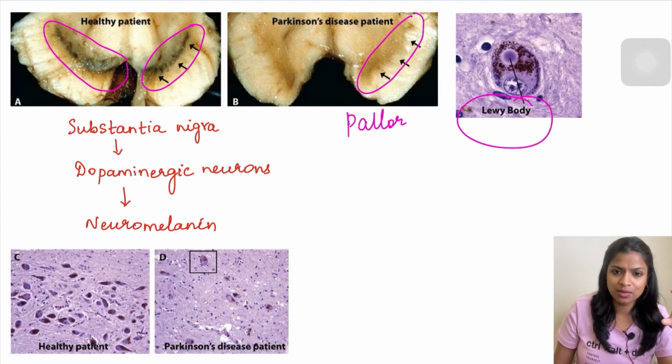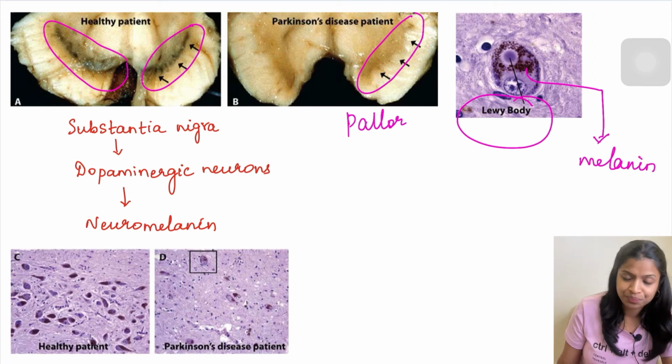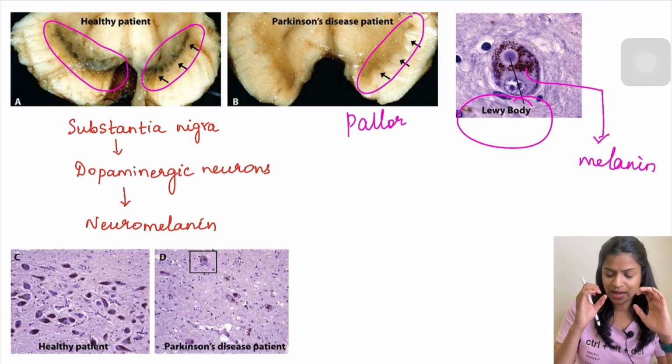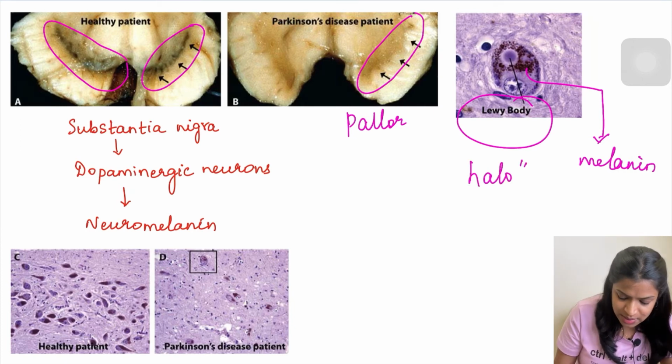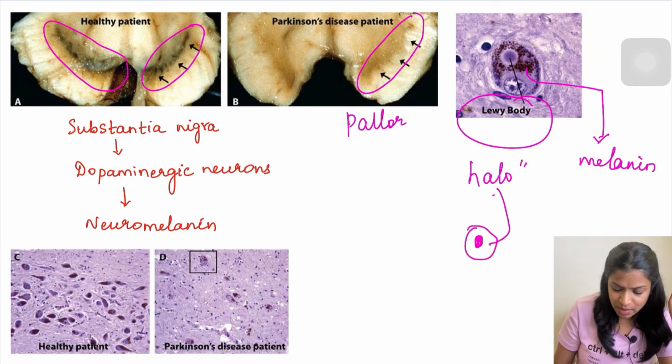Lewy body is an inclusion present in the neurons only. Here can you see the brownish black pigment? It is the neuromelanin present inside the neurons. And in the center you can see an inclusion which has a halo, right? The center part is dark, while there is a pale halo surrounding it.